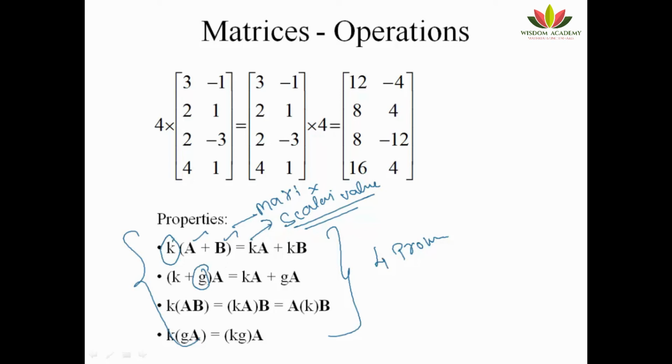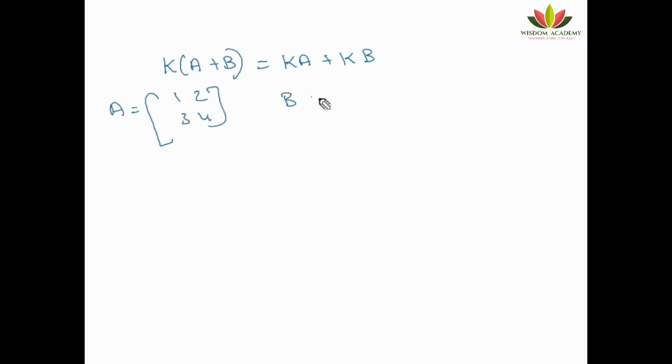What does the first property say? K into (A plus B) is going to be equal to KA plus KB, right? Okay. I am going to take two matrices, A equal to 1, 2, 3, 4 and the B matrix should be of the same dimension as A. You can take whatever dimension, but A and B should be equal because we are going to add them. So B is 3, 1, 2, 4.